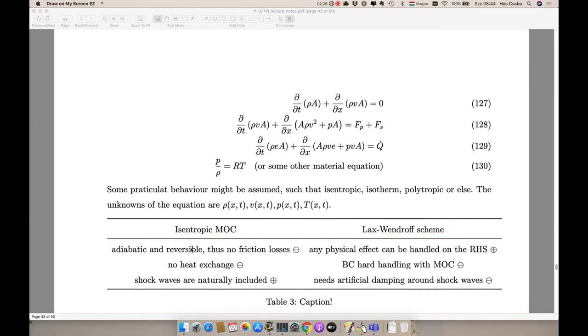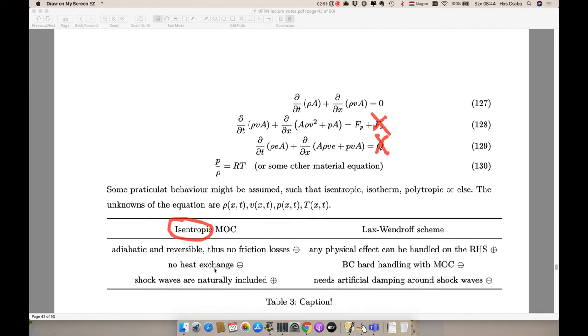The isentropic method of characteristics is, as it says, isentropic. So you can have neither heat flux nor friction inside, because it should be adiabatic and reversible, thus you cannot model friction force with it.